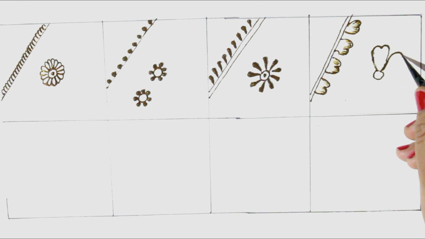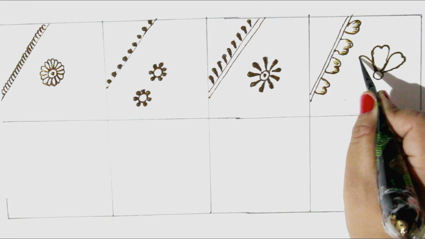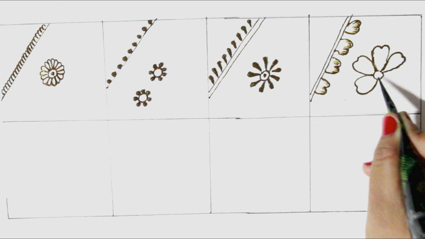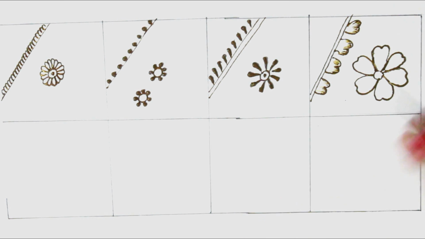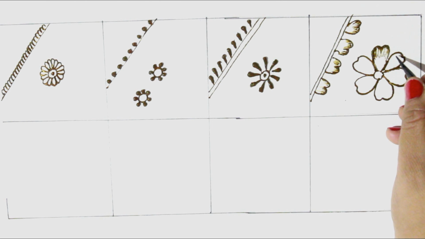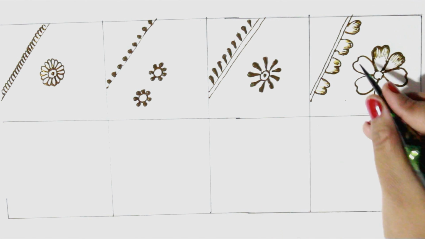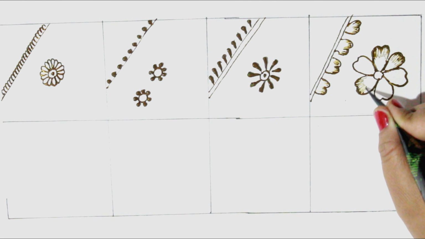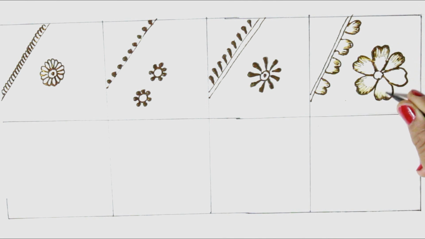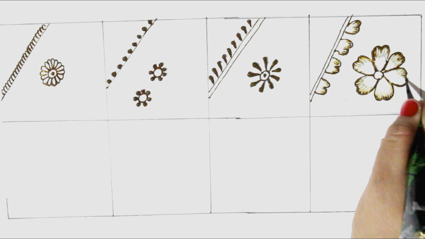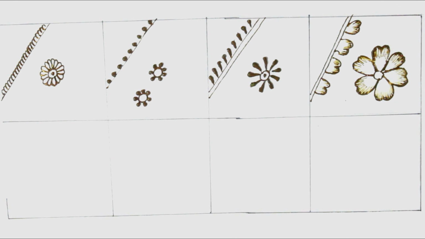It is slightly in shape of heart, not exactly, but slightly we can say. We will give shade on it to make it more beautiful. Shade can be given both ways, upward and downward as well. Whichever looks good in the design or the flower. Depending on the flower, we give the shade.